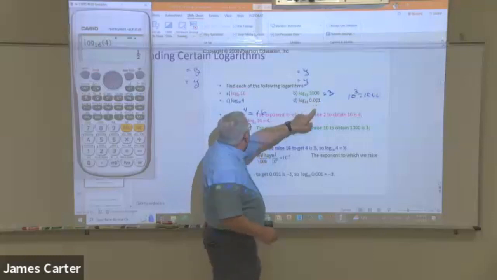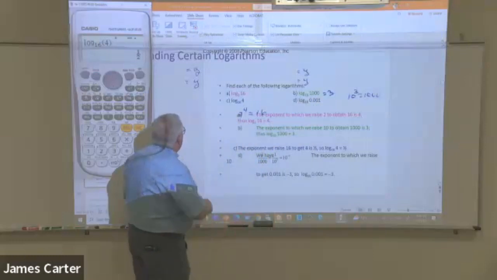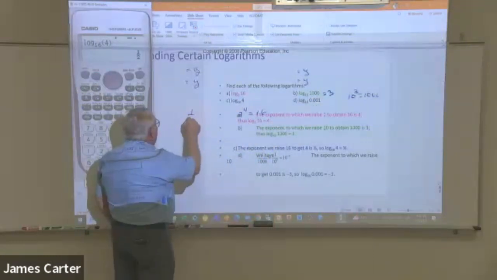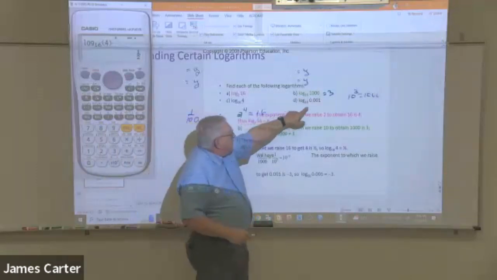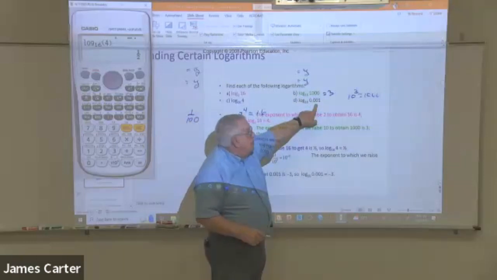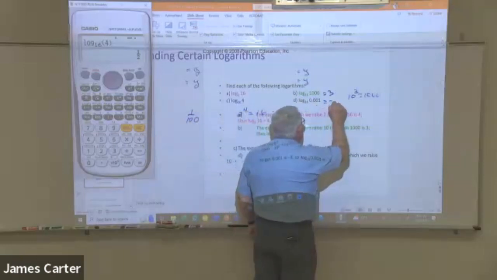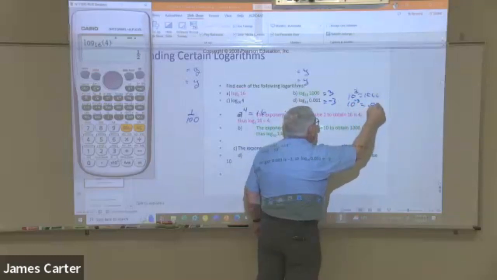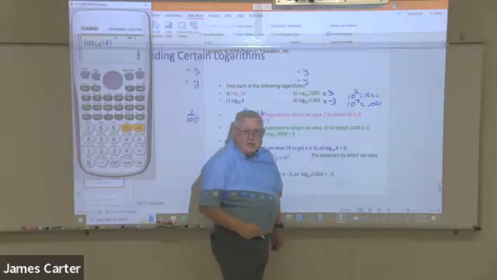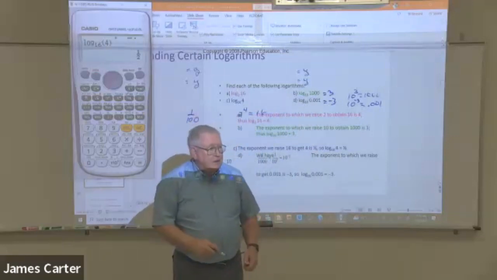You know what? This is the same problem as we had before, but it's 1 over 1,000. So what's the answer going to be? In this case, -3. And 10 to the negative third is 0.001, 3 digits behind the decimal. Okay?